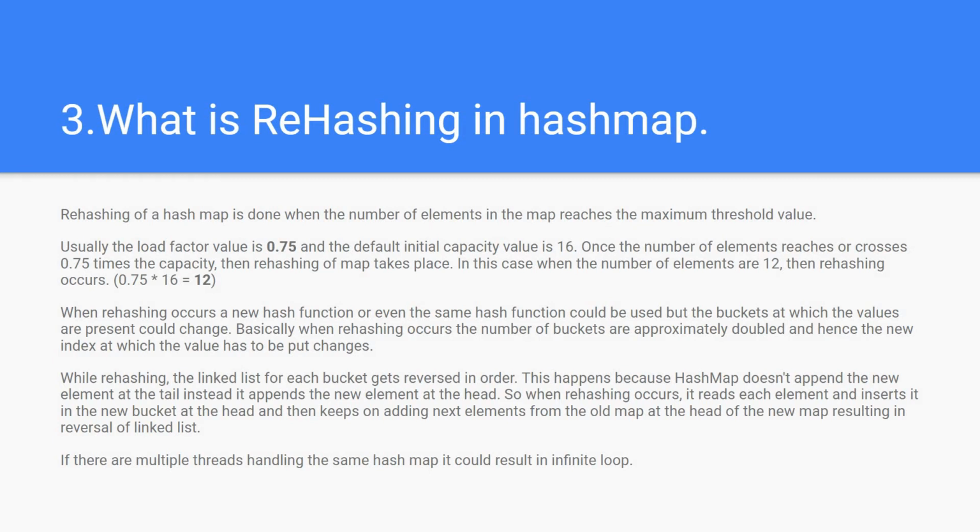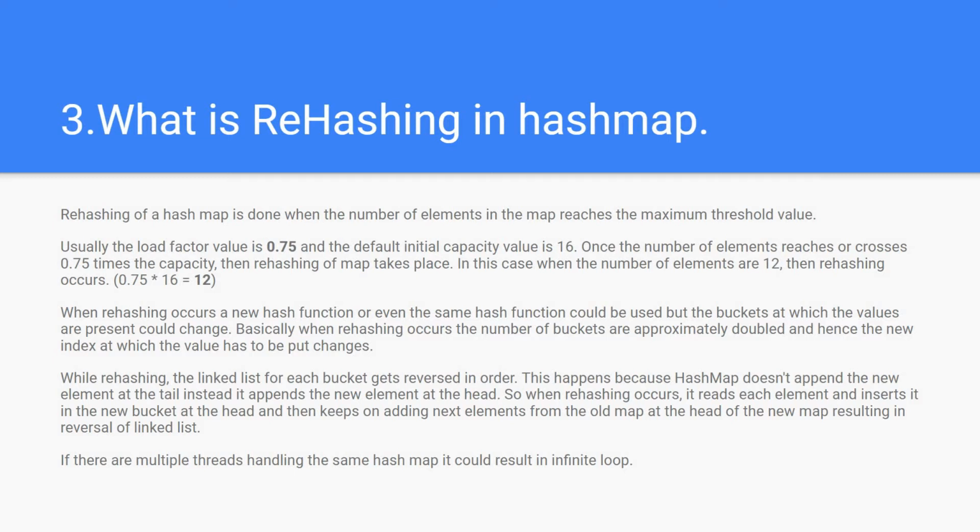Third question, what is rehashing in HashMap? Rehashing of a HashMap is done when the number of elements in the map reaches the maximum threshold value. So if you are putting values in a HashMap and it reaches its maximum threshold, then rehashing takes place. Usually the load factor value is 0.75 and the default initial capacity is 16.